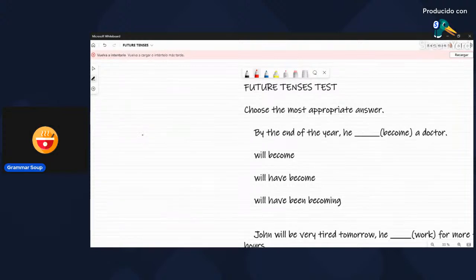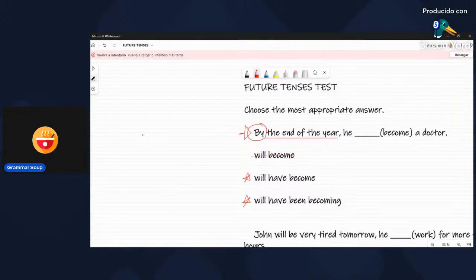By the end of the year, he become a doctor. Look at what we just found here. We have our friend by, and then it says by the end of the year. What we mentioned before is that this little expression is very common in perfect tenses. So we are going to discard this one because this is not a perfect tense. So we only have two possible answers, either will have become or will have been becoming.